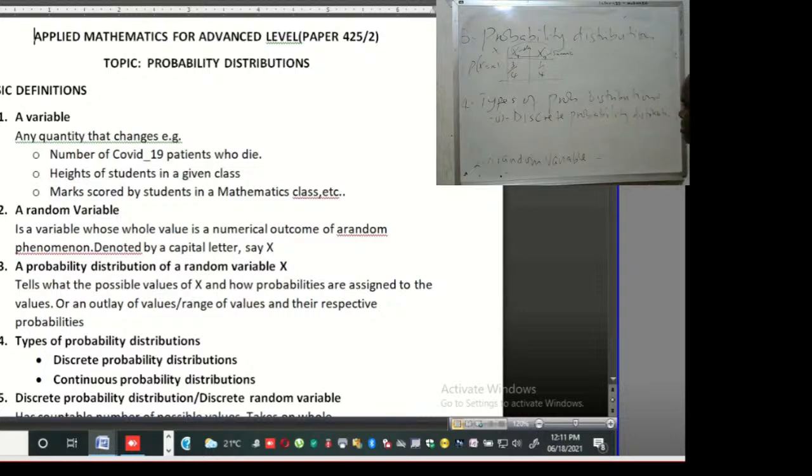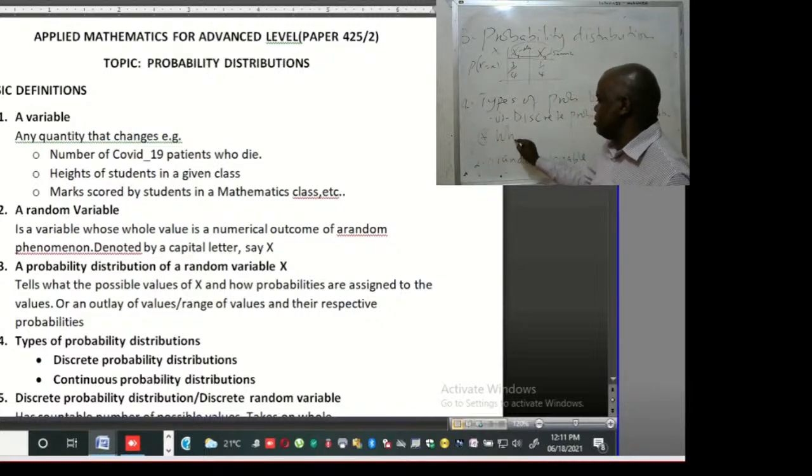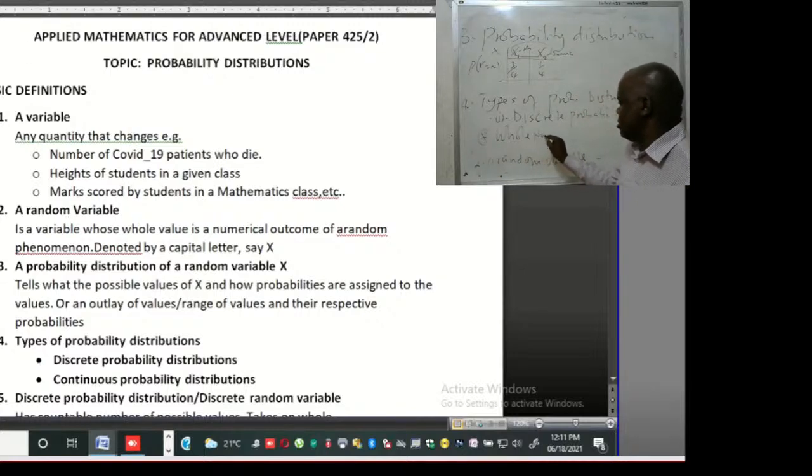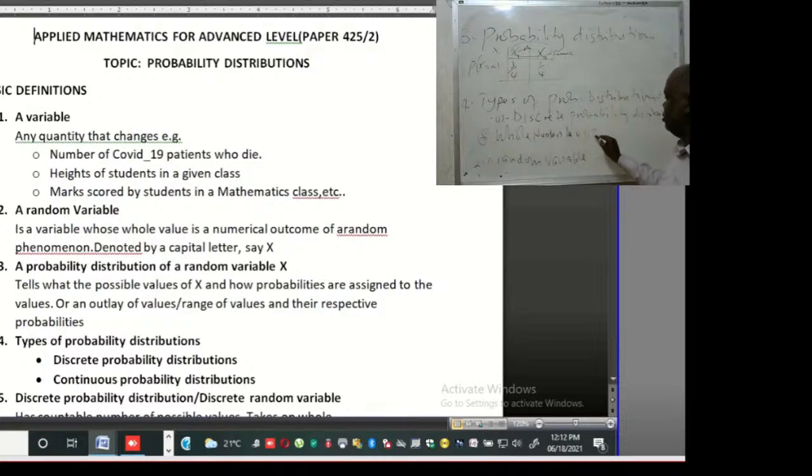And what is this probability distribution? It is the one which takes on whole numbers, like 0, 1, 2, 3 onwards.